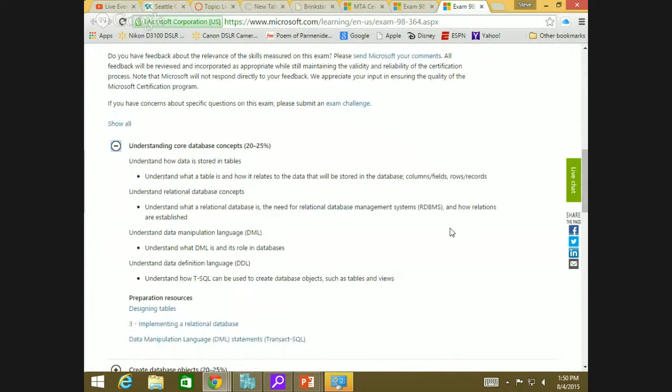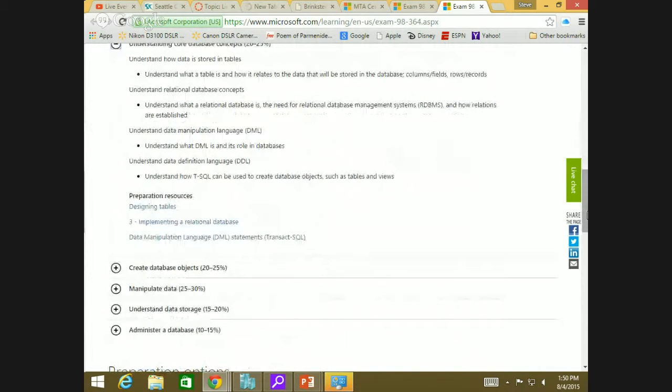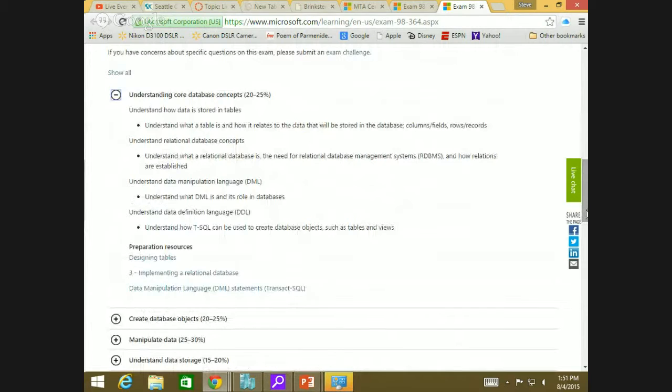So what I'm doing, this is under, all of these tests have what they cover, what skills. So skills measured. And that is hard to read, isn't it? Okay, so core database concepts, and they say that that's worth 20 to 25% of the grade.